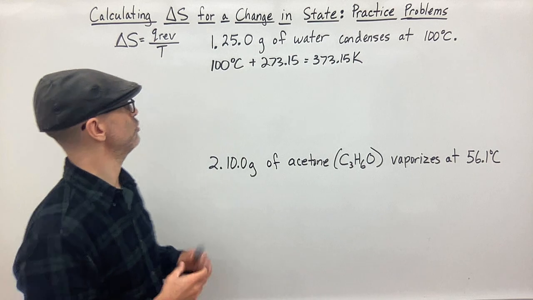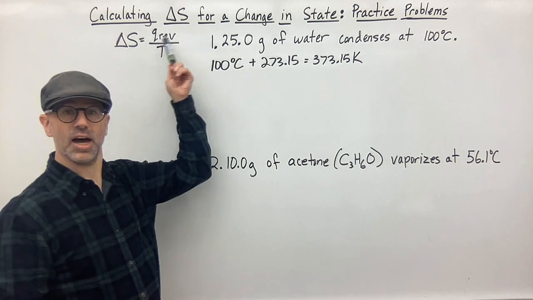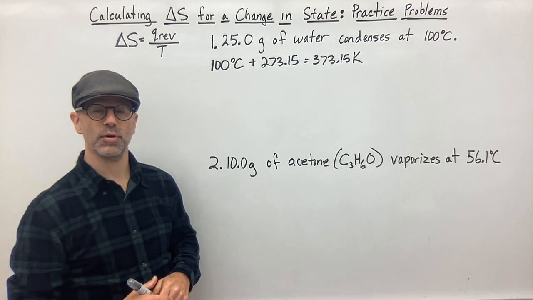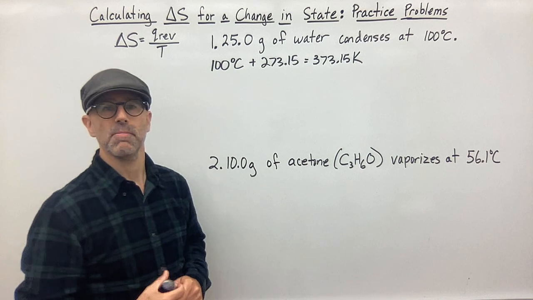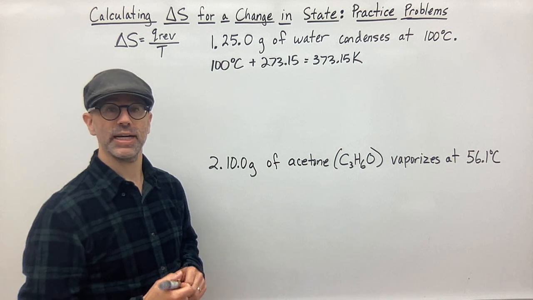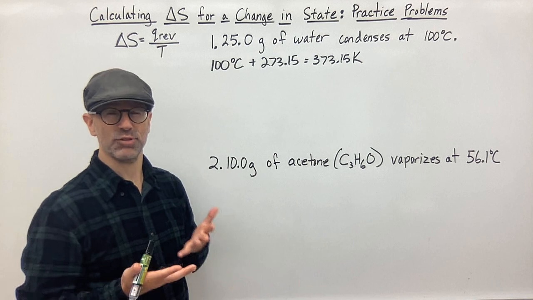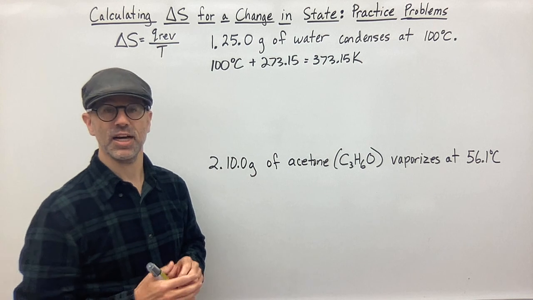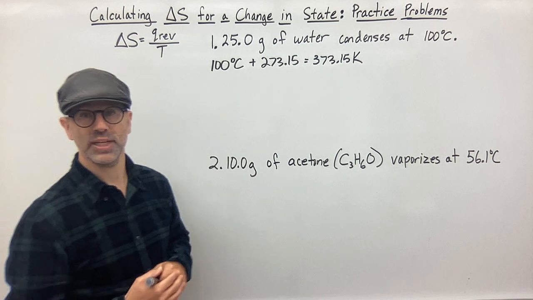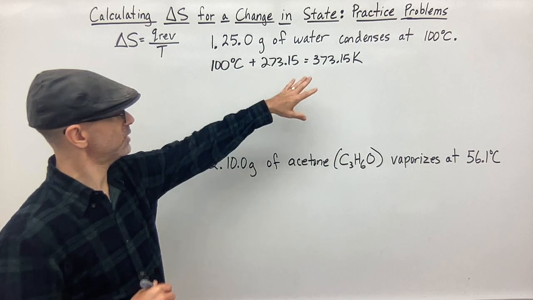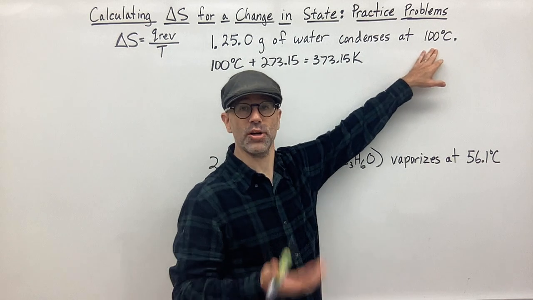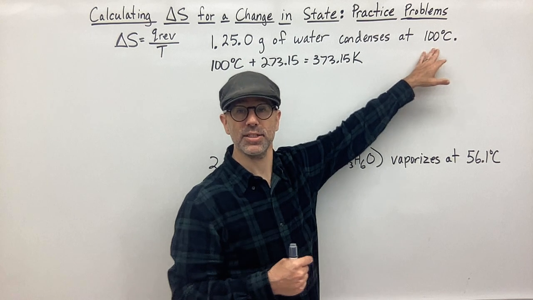Now we need to calculate the Q of the reversible process, the heat of the reversible process. In this case, we're going to have to look up the heat of vaporization or the heat of condensation. Remember, at 100 degrees, water can boil or it can condense.